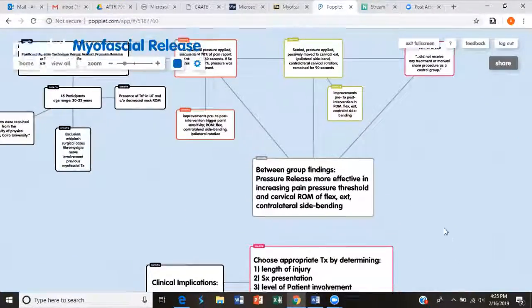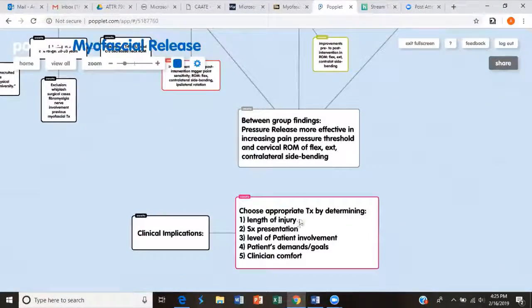Other things the clinician should consider besides the length of the injury is symptom presentation. If the patient is guarding and not responsive to passive stretching, then positional release may be a better treatment method than active release. Level of patient involvement should also be examined.